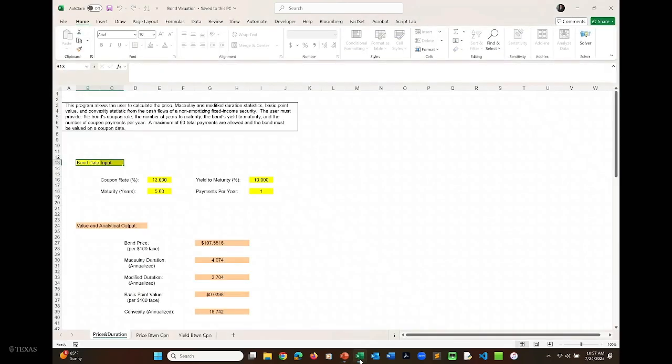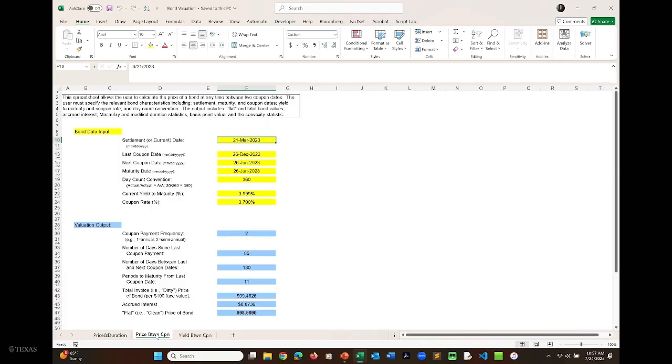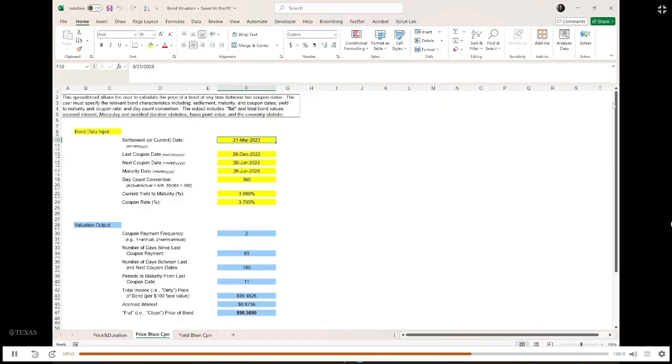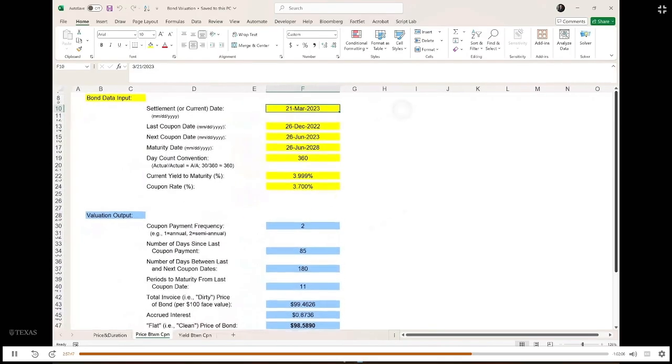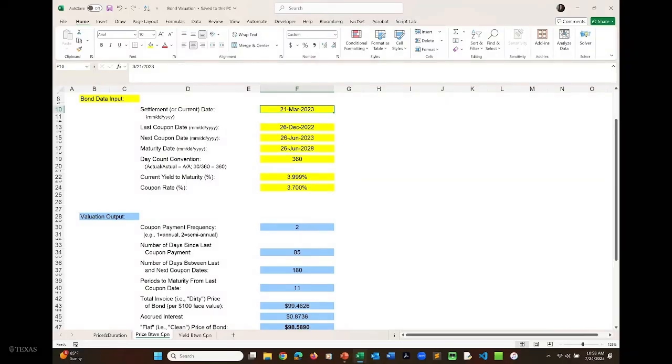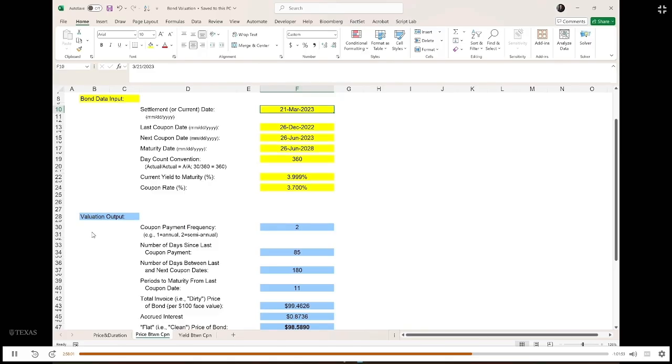Let me show you, if you want to take a look at the spreadsheet, the workbook, there are 3 sheets in there. The middle one is called price between coupon date. This is set up for this example that we just calculated. So you can put in when we're buying the bond, the last coupon date, the next coupon date, and when it matures, the day count convention.